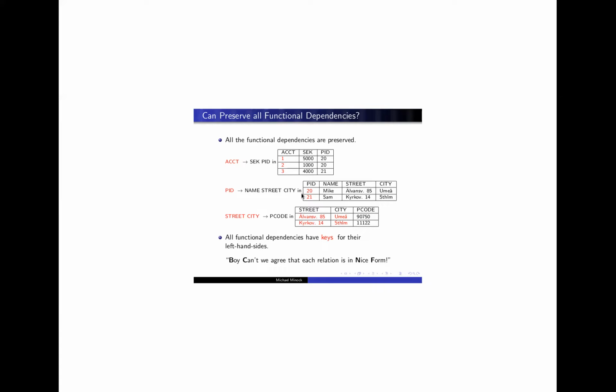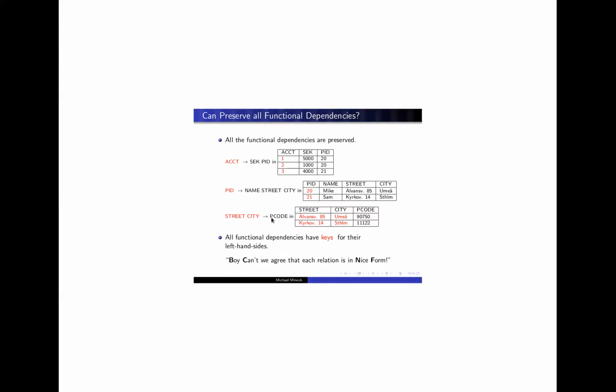We originally had these functional dependencies that governed the big table: the person ID determined the name, street, and city. The account determines how much is in the account and who owns it, and the street and city determine the postal code.